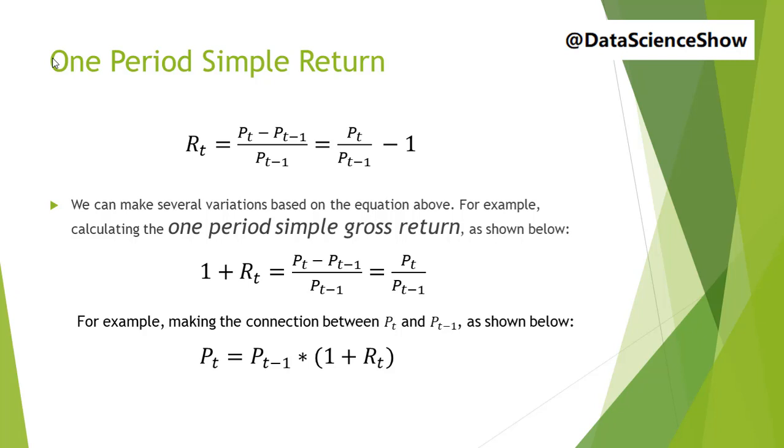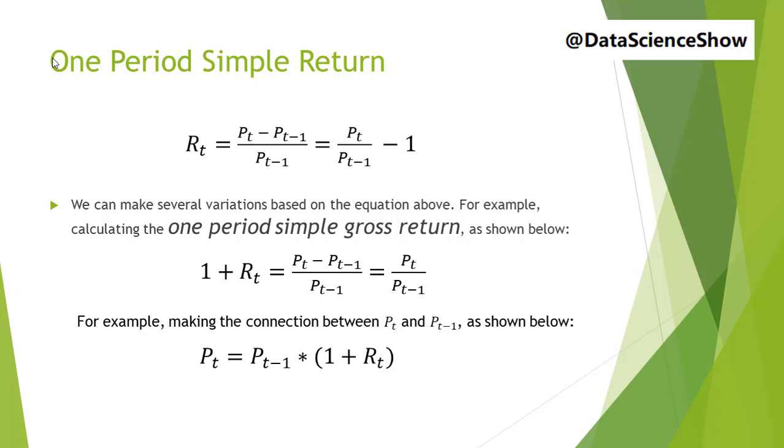We can also get lots of variations based on the first equation. For example, if we move the value 1 from the right side of the first equation to the left side, we use 1 plus uppercase R sub t. We can calculate something called a simple gross return.